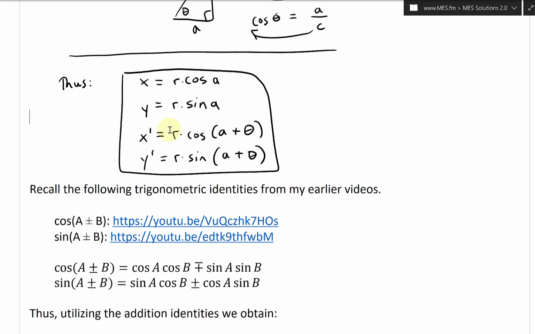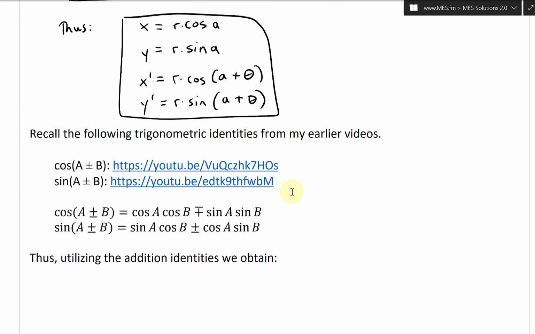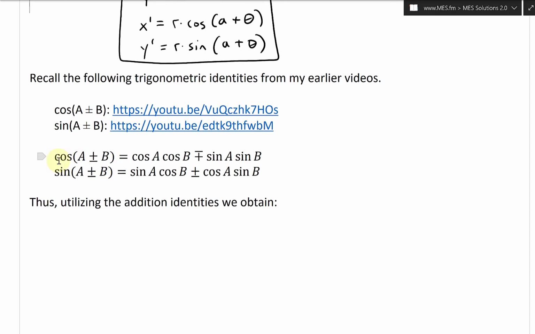So now we can simplify this by using the cosine and sine addition formulas. Recall the following trigonometric identities from my earlier videos. For cosine of a plus or minus b, we get cosine a cosine b, then minus or plus sine a sine b.